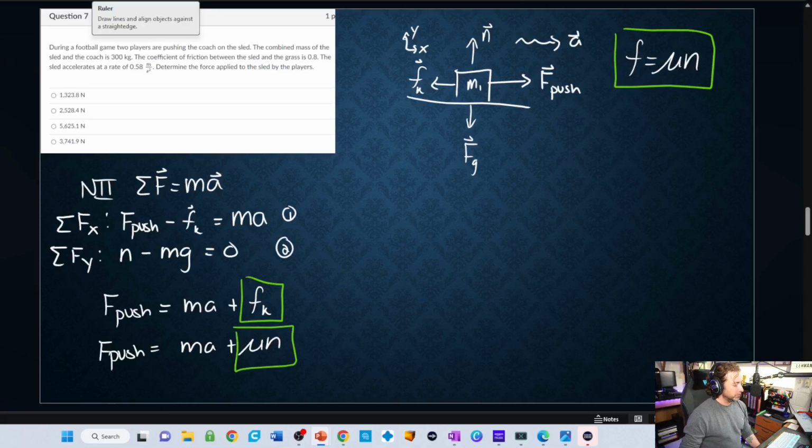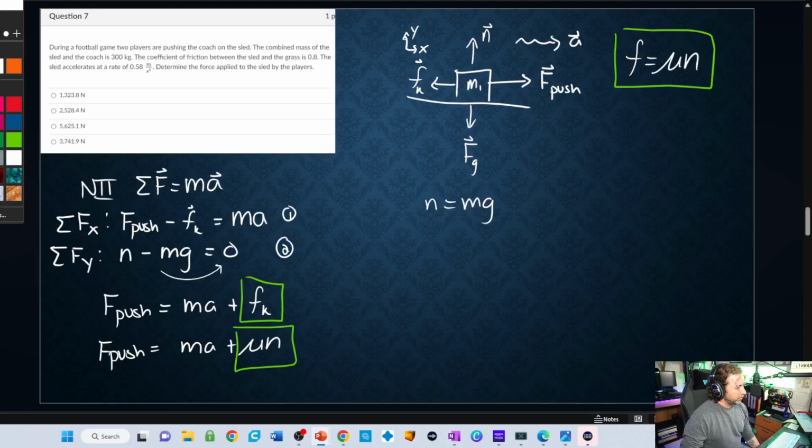And let's see. Well, I don't know what the normal force is, but I can find it in equation number 2. From equation 2, we can see that N is equal to mg. I'm just adding the mg over to the right-hand side. So here's my N. N is equal to mg.